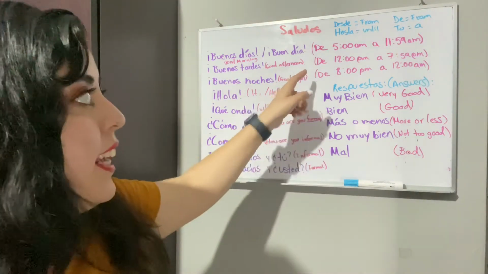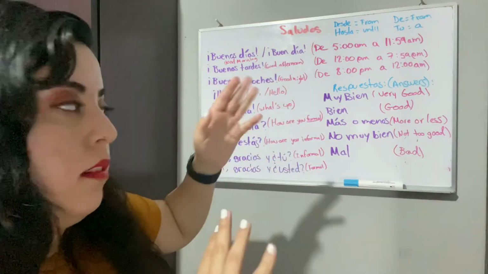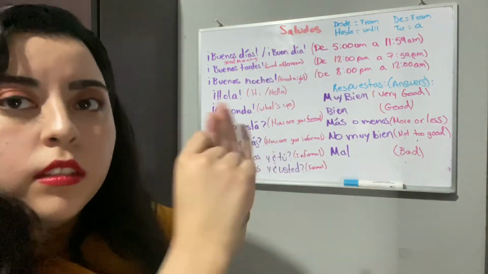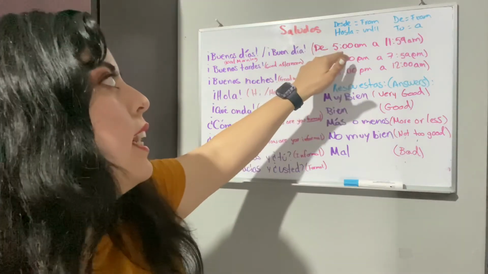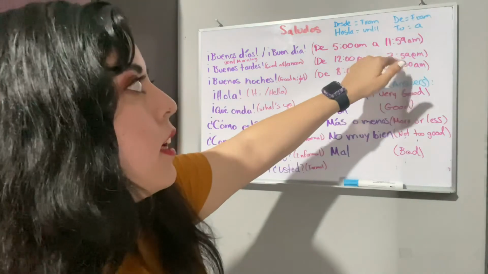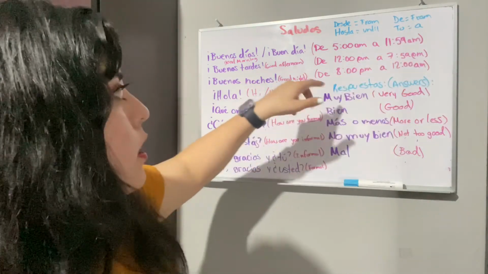From de or desde. You can say both de or desde are correct too. So write down that. Take note about that. Desde or de las 5 de la mañana a or hasta las 11:59 de la mañana.